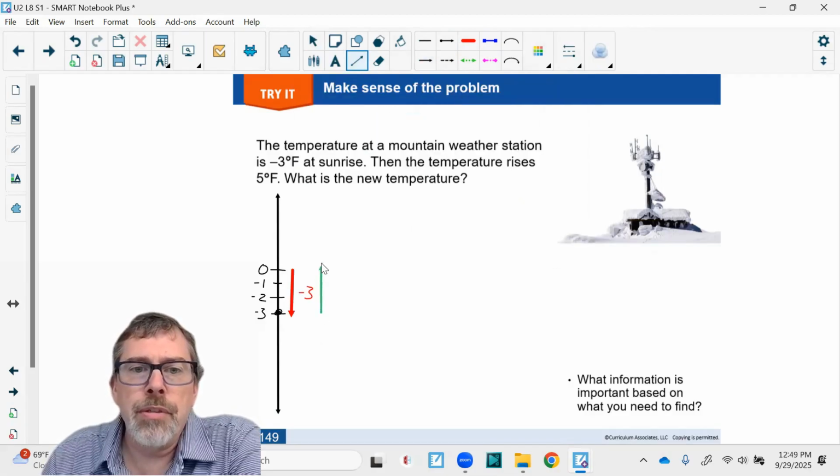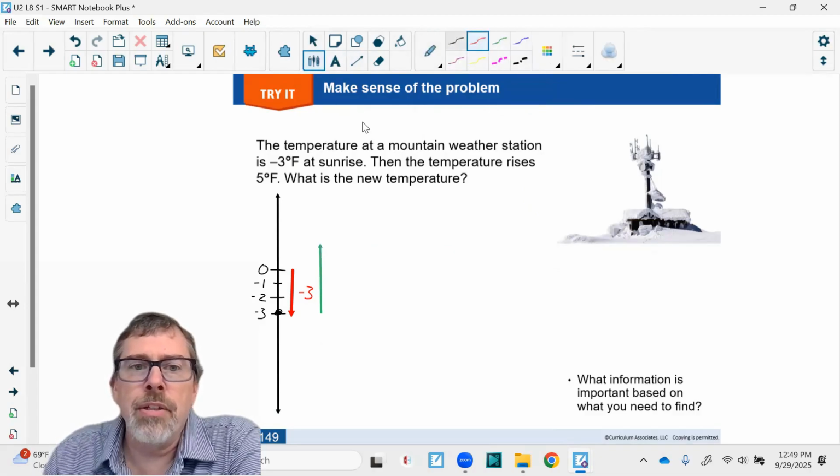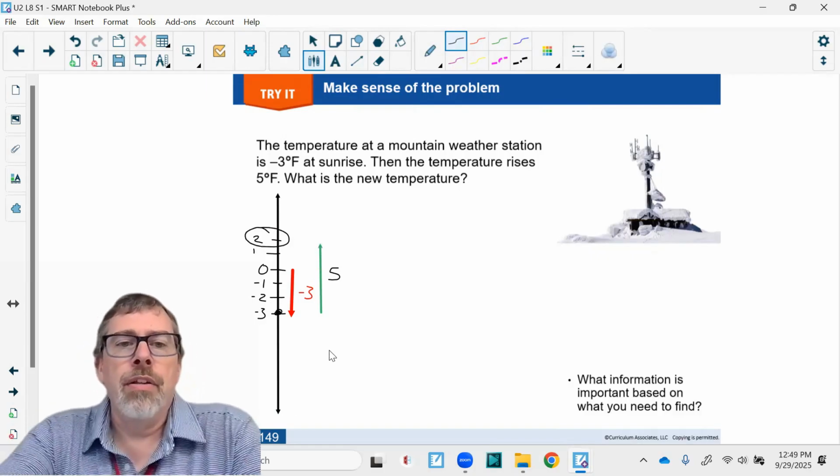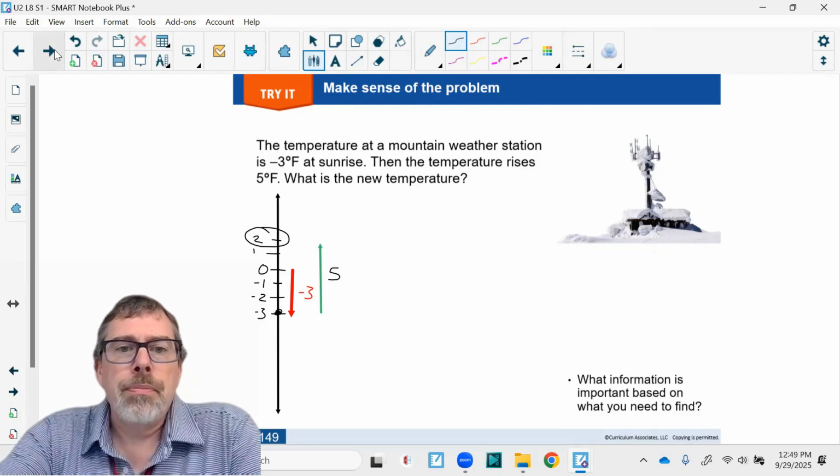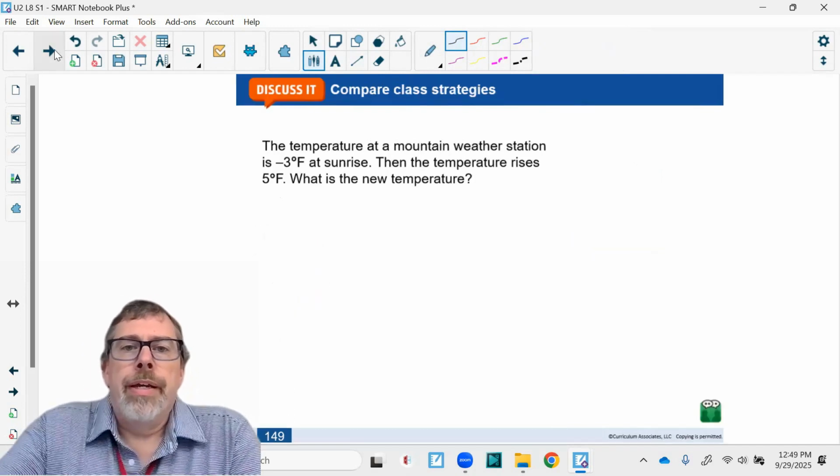So there's 3 degrees plus 2 more is 5. I just gave you the answer. -3 rising 5 degrees would get us up to +2 degrees on the thermometer.